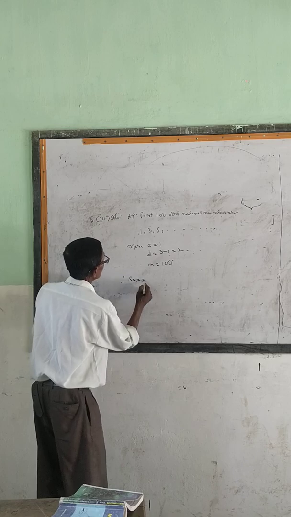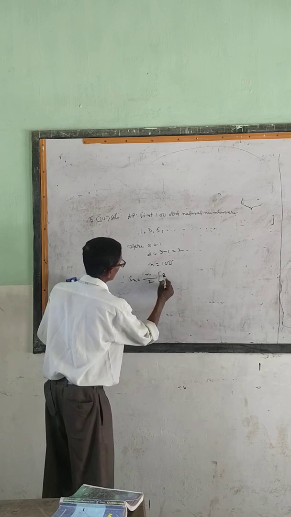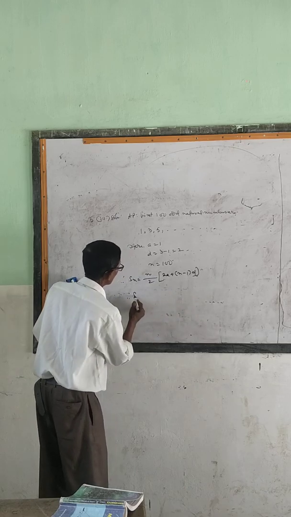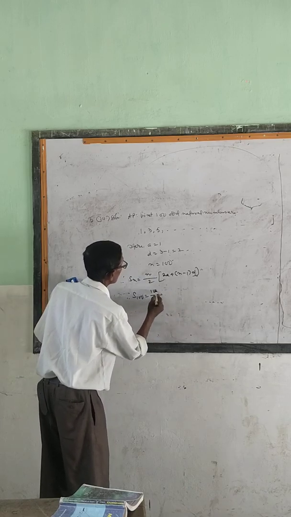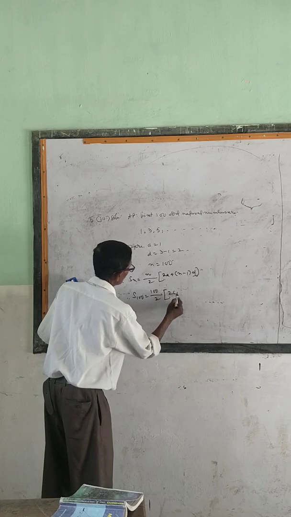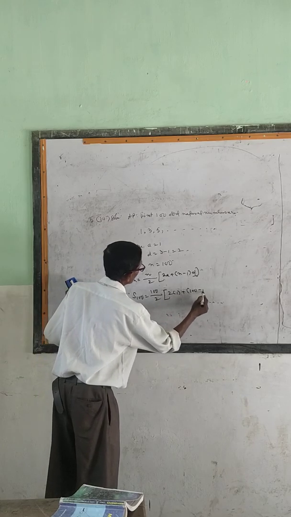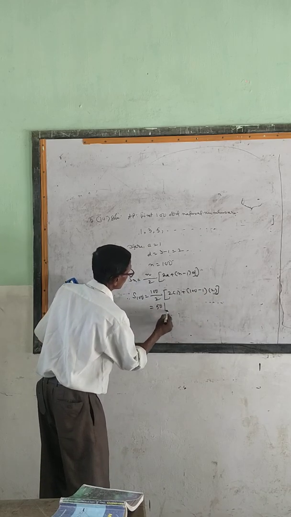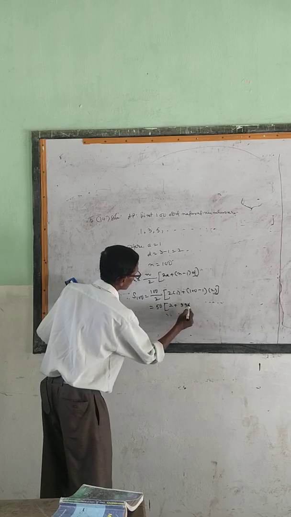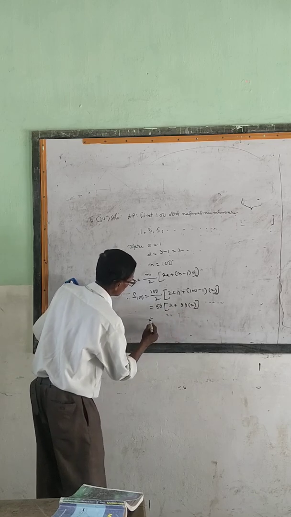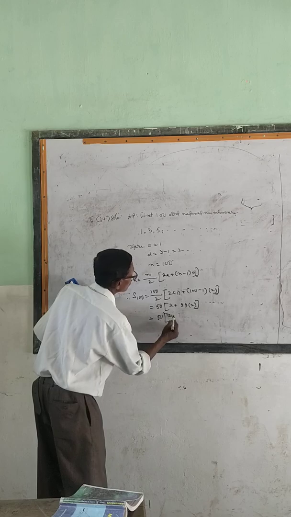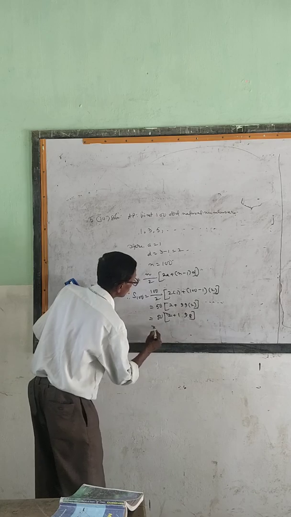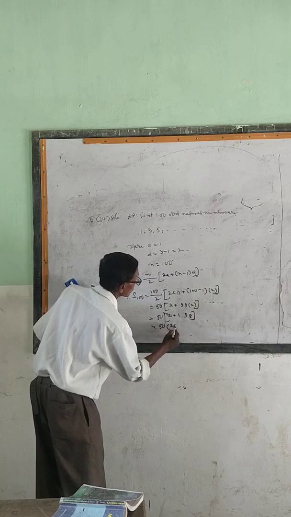Sn equal to n by 2 twice A plus of n minus 1 d. So this is S100. 100 by 2. A means 1 plus of 100 minus 1 d means 2. Dividing gives 50. 2 plus of 99 into 2. This is 50 into 2 plus 198, 50 into 200.